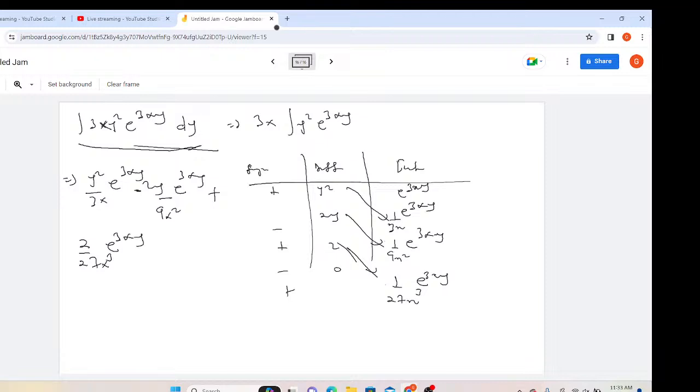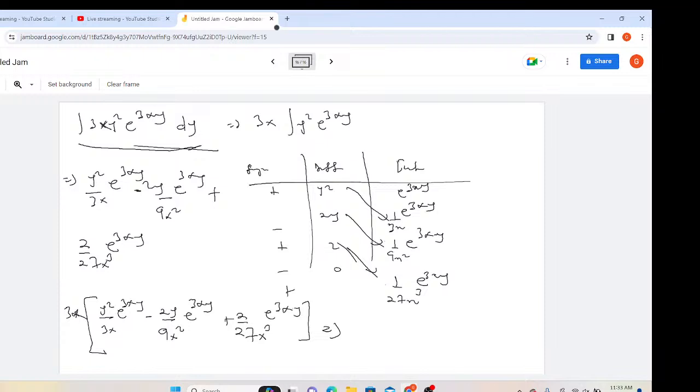Now this is for the integral of this part alone. Then we have to multiply by 3x. So 3x multiplied by y squared over 3x exponential 3xy minus 2y over 9x squared exponential 3xy plus 2 over 27x cubed exponential 3xy.